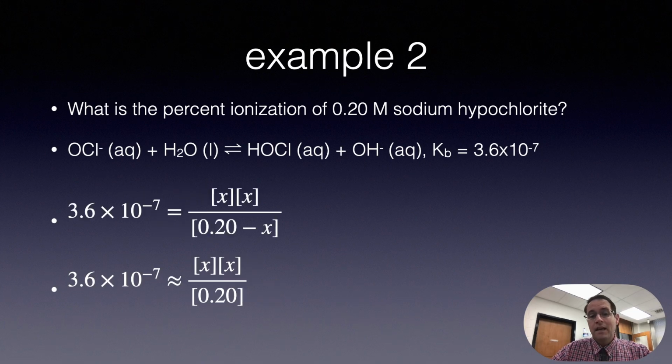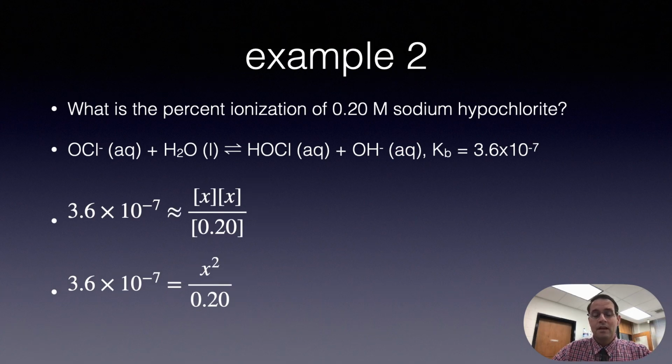Okay? And this is where we make the assumption that the amount of x is extremely small in comparison to the molarity of our starting weak base. So we assume that 0.20 minus x is approximately equal to 0.20. And that's a very important simplification that allows us to skip over the quadratic formula completely.